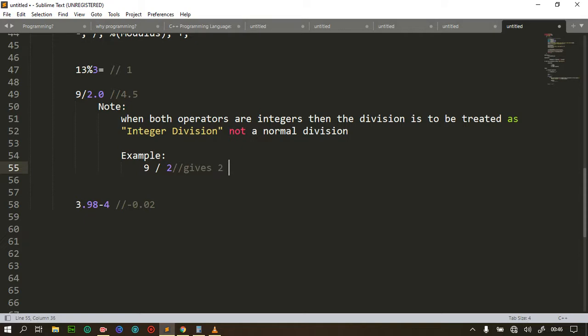This gives a 4, not 4.5. Mark that, guys. What if I have a negative 9 divided by 2? This gives a negative 5, not a negative 4. Are we moving, guys?